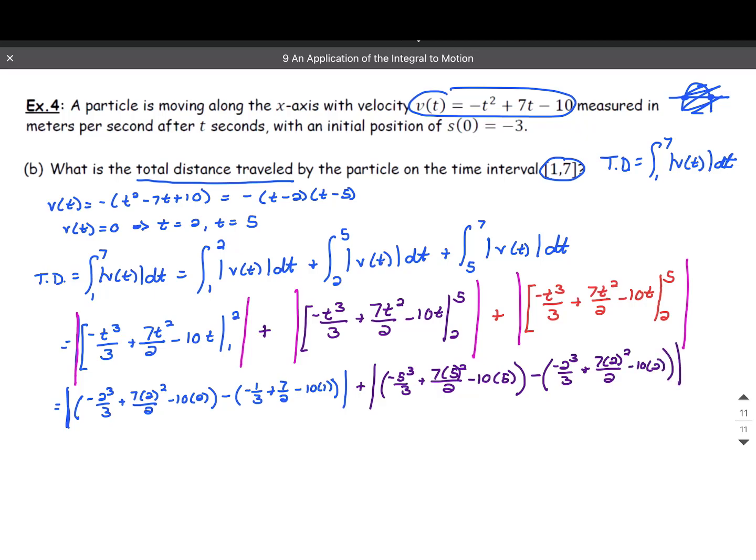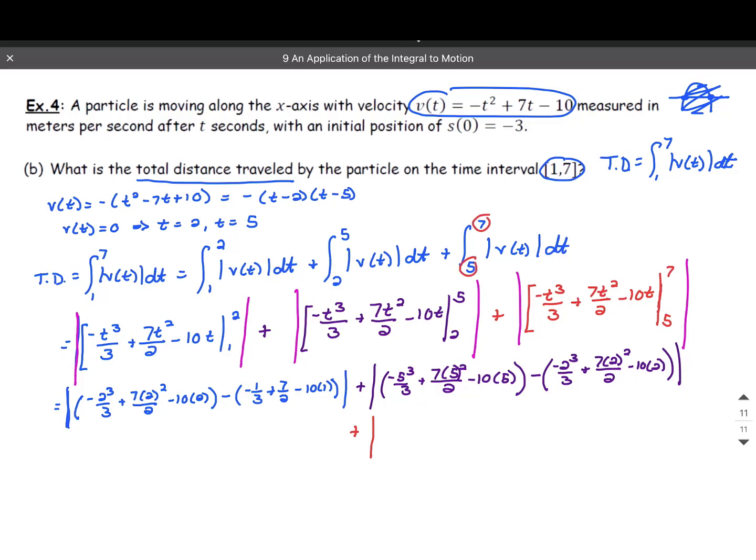Close it, close the absolute value. We're not done. Plus the absolute value of, substitute in the top. Oh no, my limits are wrong on that last one. Hold on. Those limits should have been from 5 to 7, right? That was here, 5 to 7.